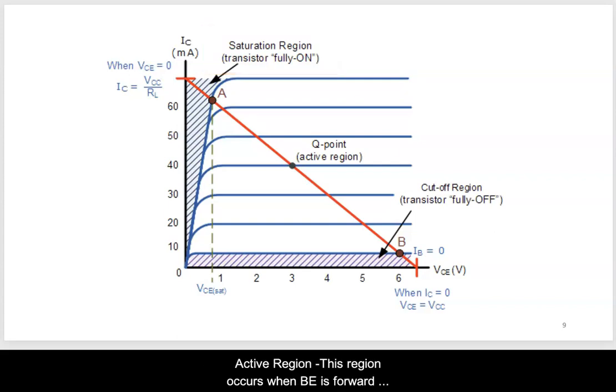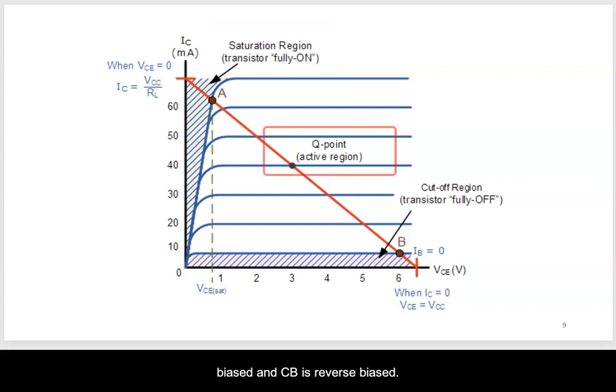The active region occurs when BE is forward biased and CB is reverse biased. This region is between the saturation and cutoff regions. When the VBE receives sufficient voltage, PN junction will allow current to flow, and VBB and VCC generate currents in emitter, base and collector regions of BJT.